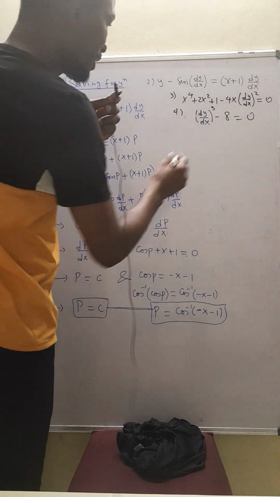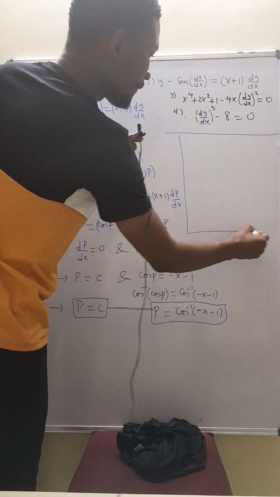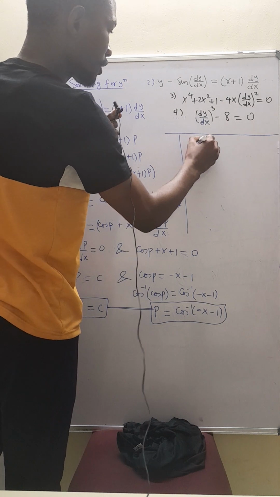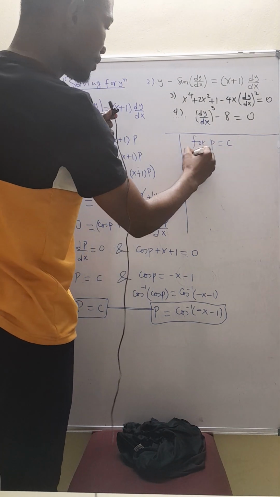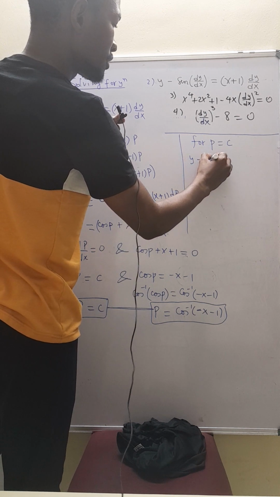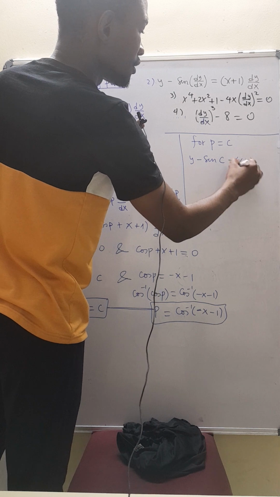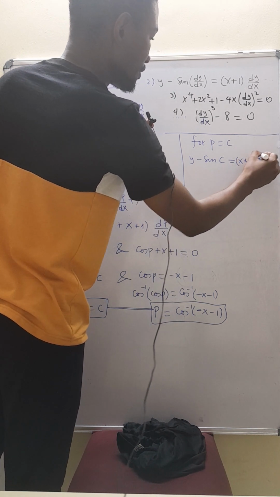Now see, for p equal to c, substitute: y minus sin c equals (x plus 1) times c.